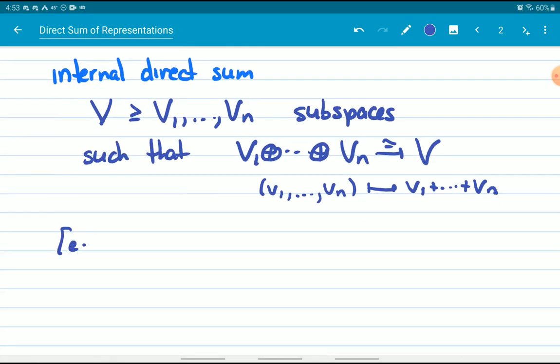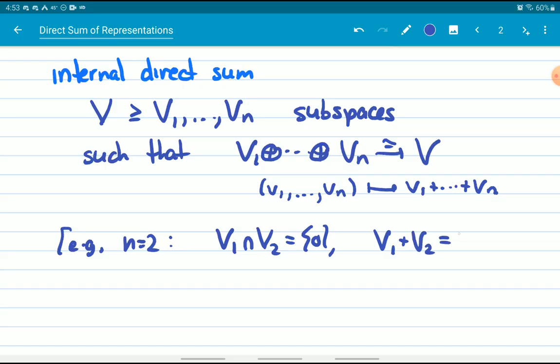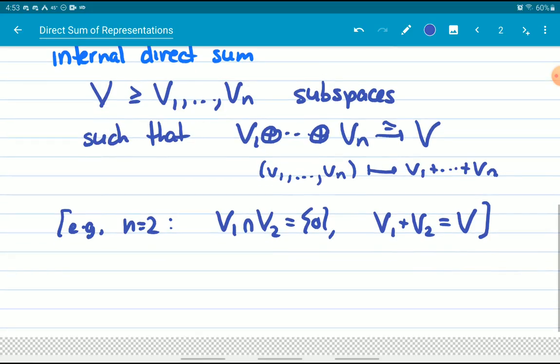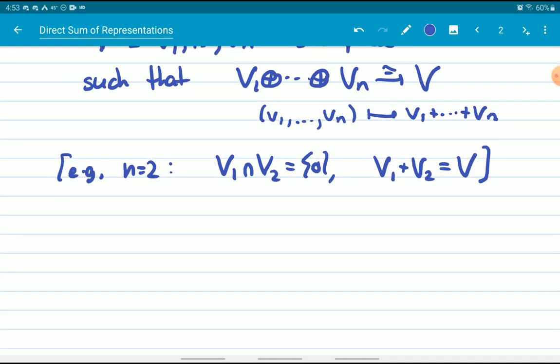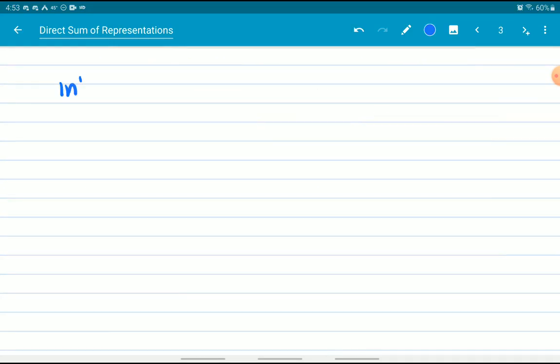For instance, if n equals 2, this means that these two subspaces have trivial intersection and span the whole space. When n is greater than 2, there's a more complicated condition, but you can probably figure out what it is because we've done very similar things for groups. So of course, because of this, we can also talk about an internal direct sum of representations.